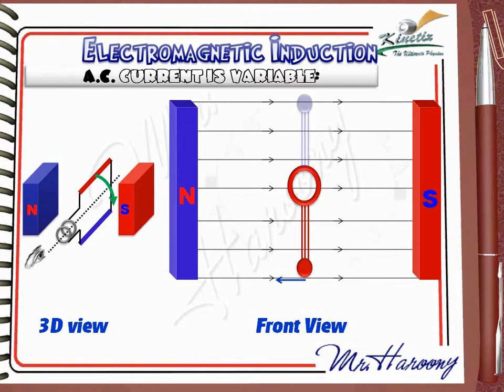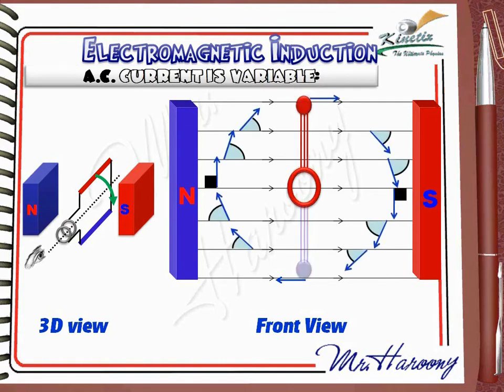The same changes exactly will take place in the second half cycle for the same reasons. This makes the same changes to happen, but with the current in the opposite direction. When the side wire is at the top and the motion is parallel, the generator produces zero current. In the extreme right, the motion is perpendicular to the magnetic field lines, and the current produced by the generator is maximum.